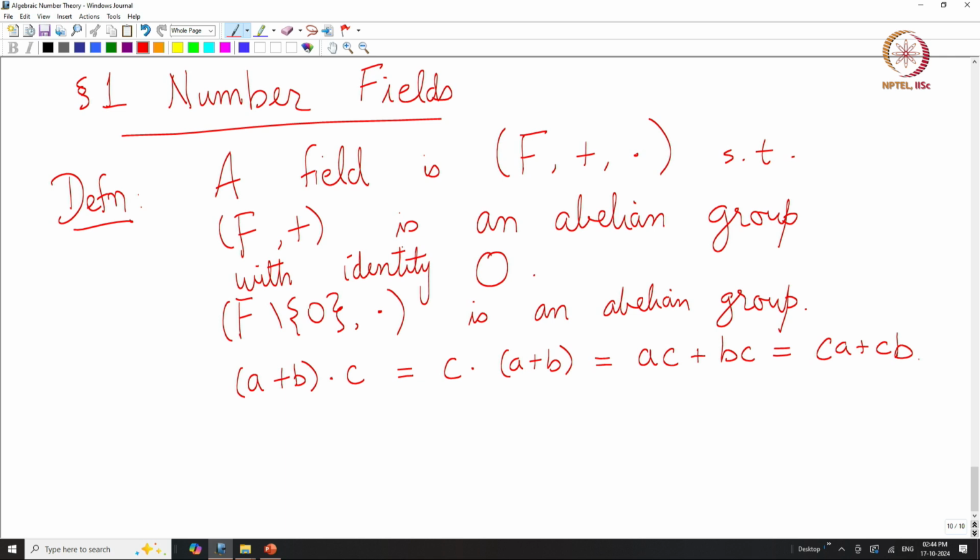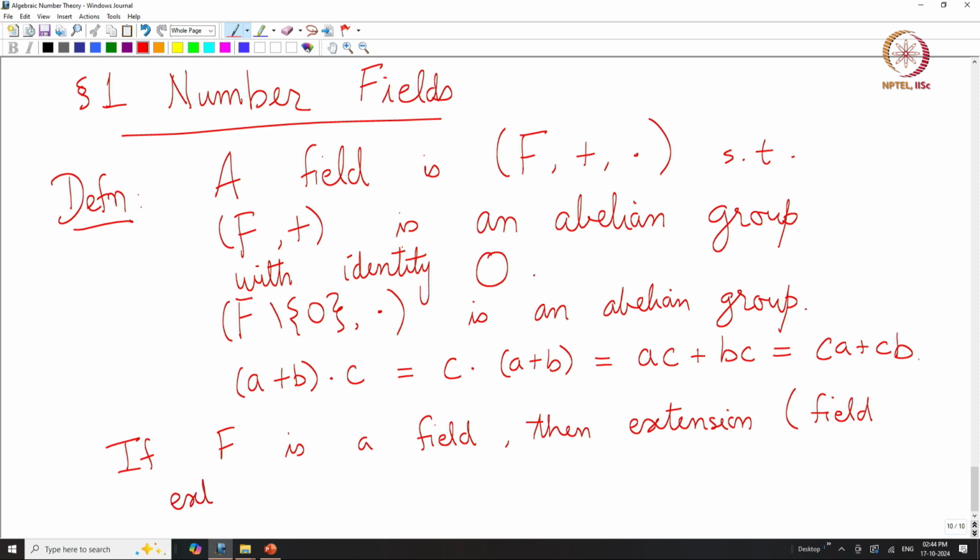Now, if F is a field, then an extension of F, or field extension to be precise, is another field K containing F as a subfield.